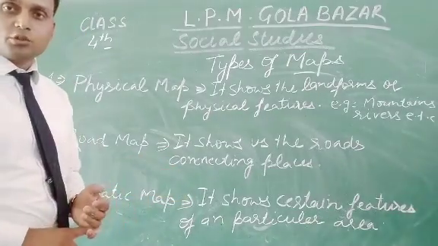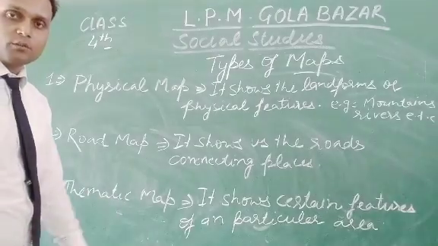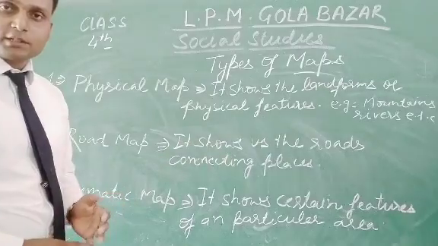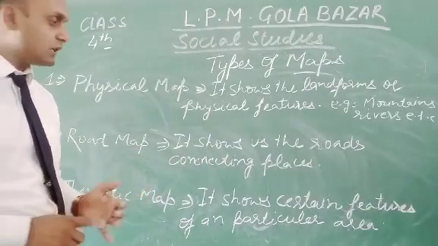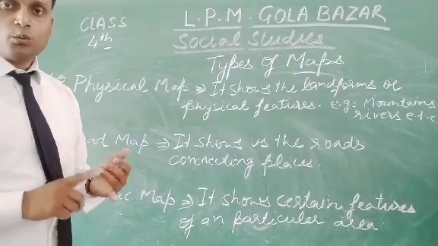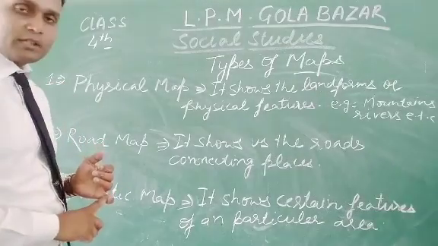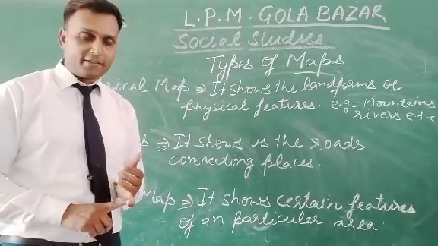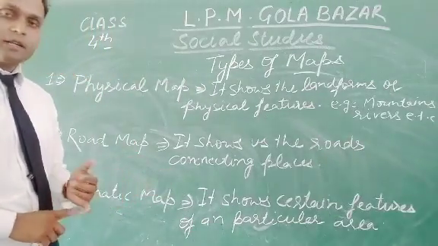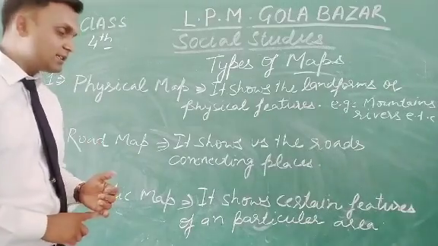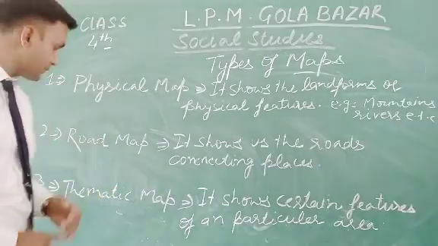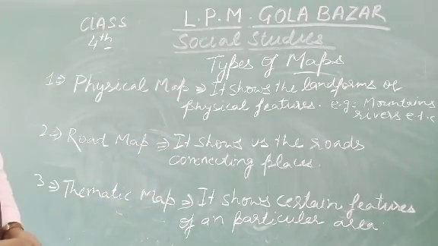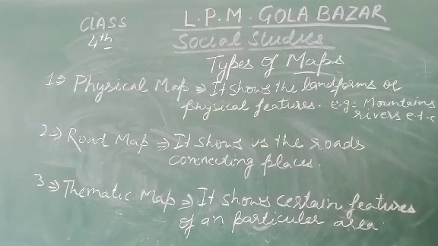These certain features or characteristics of that place are shown in a thematic map. So you can write all these three points and learn this. How many types of maps are there?